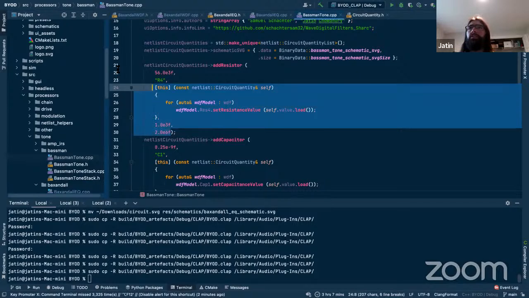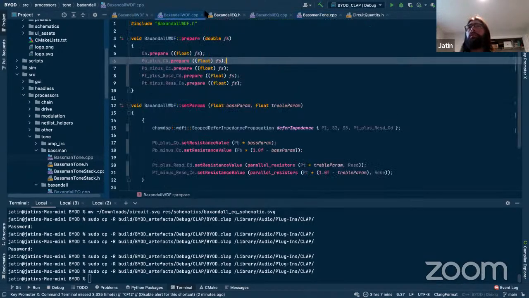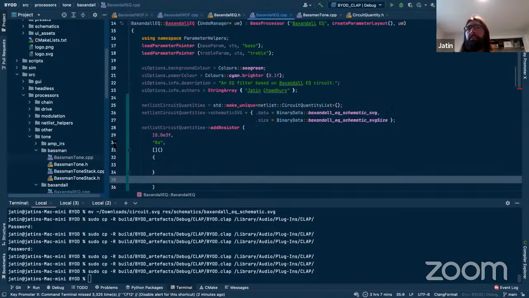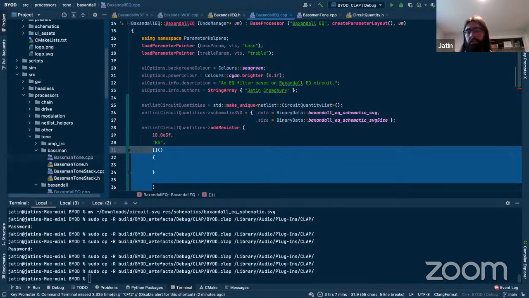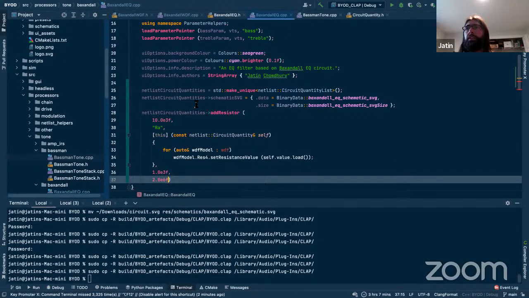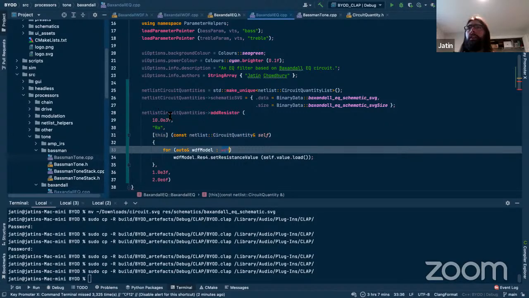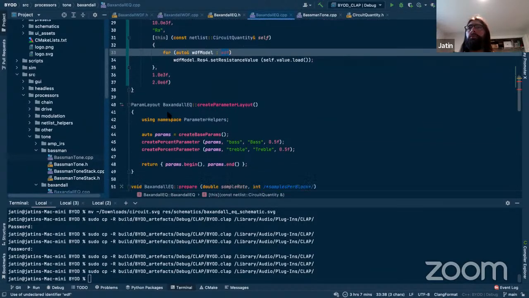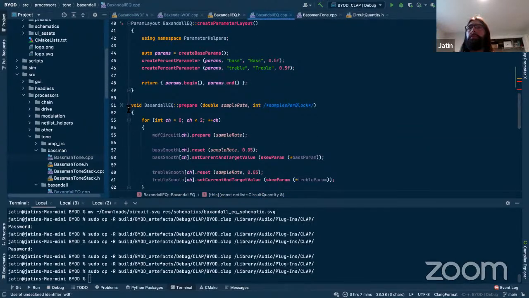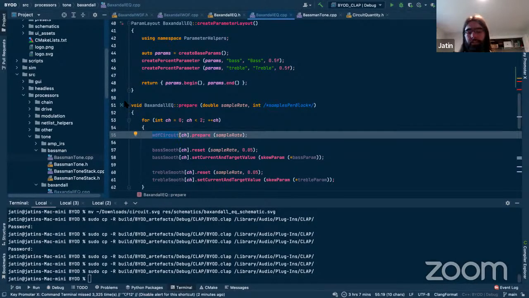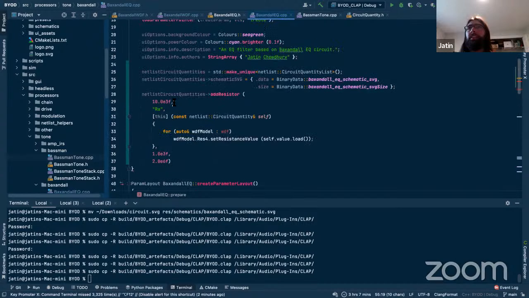Whenever the value changes, this will be called to set a new value here. So let's just copy this in for now. The idea here is that we can use the quantity, capture this, and then set the actual model parameters. So we've got this WDF circuit thingy here.